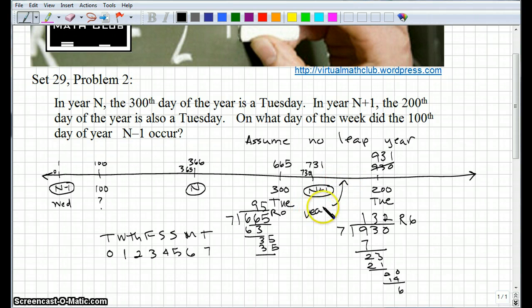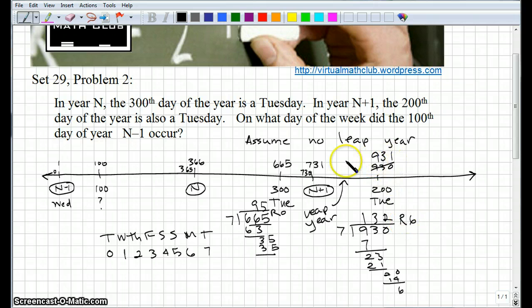Okay. So we figured out there is a leap year, and we know that if year n+1 is a leap year, then these 2 years can't be leap years because leap years occur every 4 years, so we're going to assume that n and n-1 are not leap years. Okay? Alright, so we've got it all worked out now.